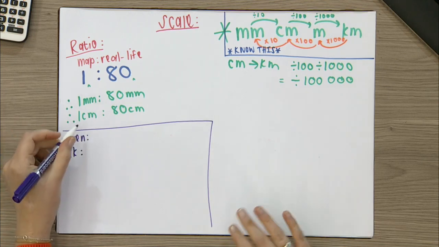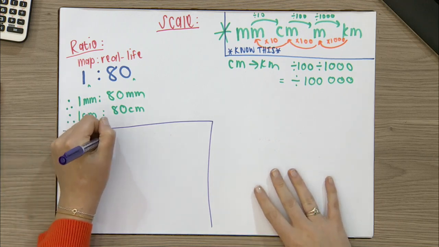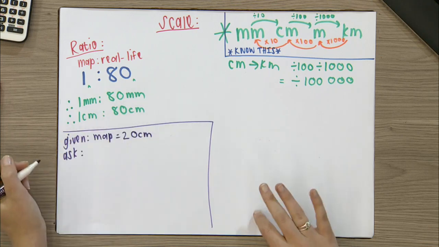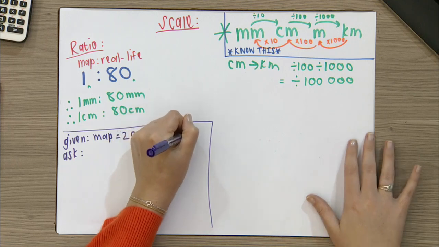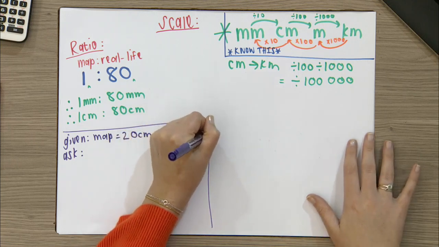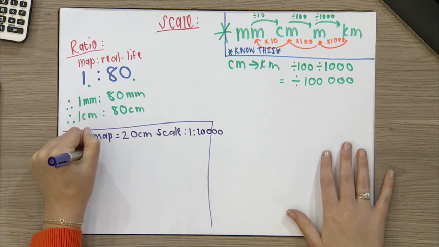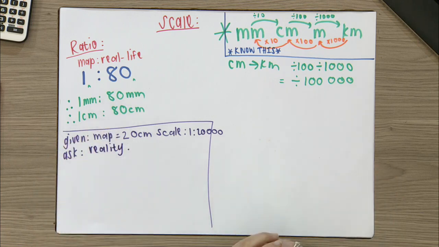So what is given in this case is the distance on the map, and they tell us that is 20 centimeters, and the scale is 1:20,000. And what they are asking us is to give the distance in reality.